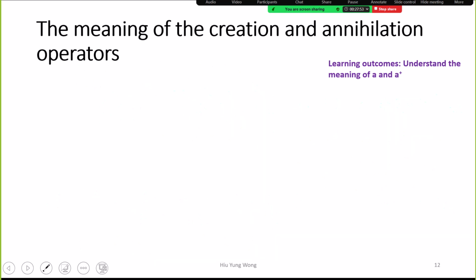Okay, so now I need to determine the D minus, right? Because from the previous slide, we showed, we proved that A applied to n equals D minus, just a number, times n minus 1. So what is D?